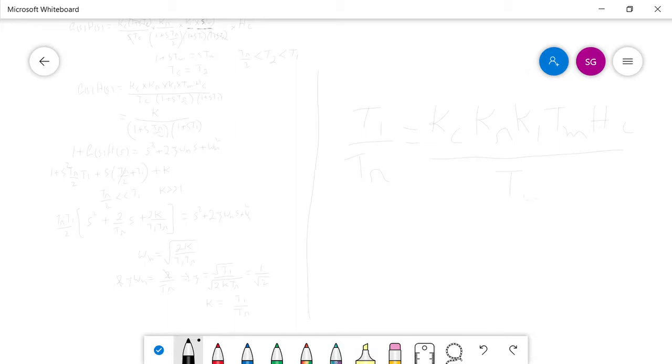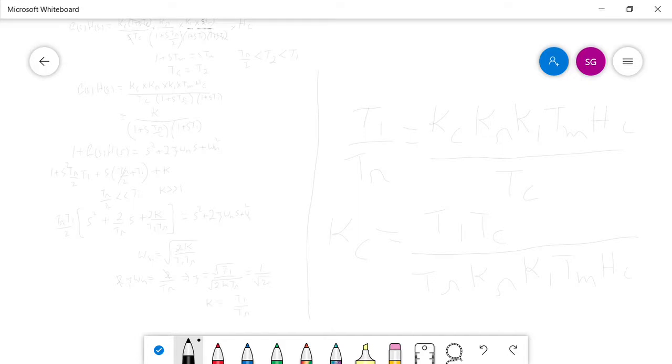We know Tc is equal to T2. So from here we can calculate our Kc. This will be T1 Tc upon Tr Kr K1 Tm and Hc.